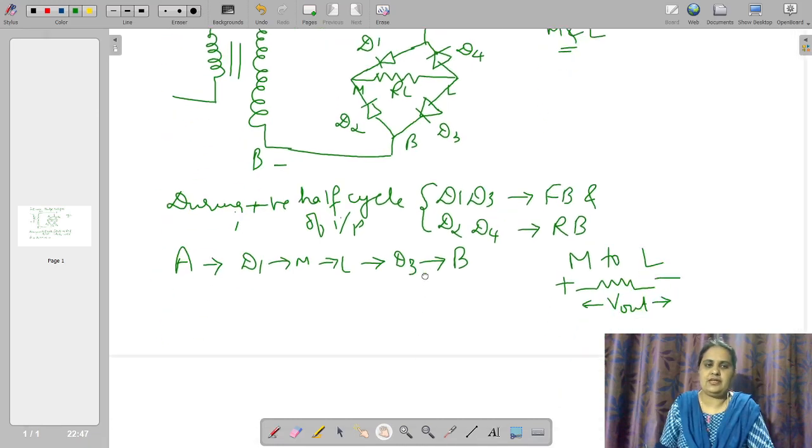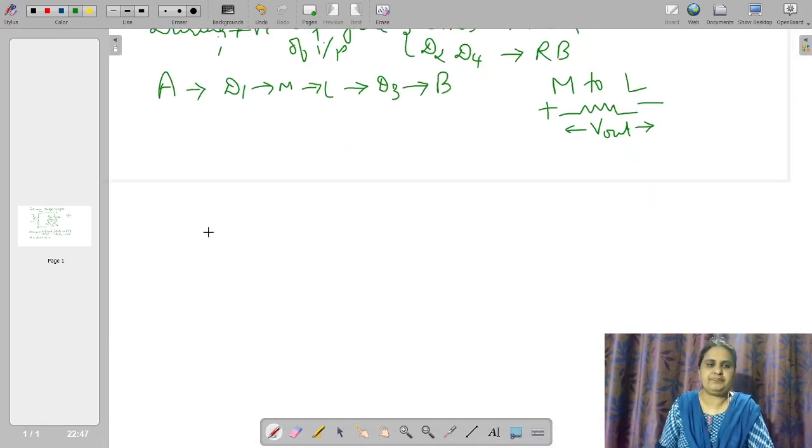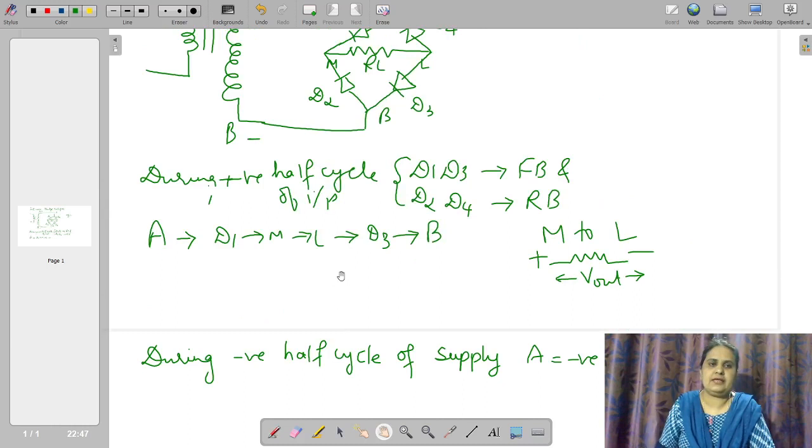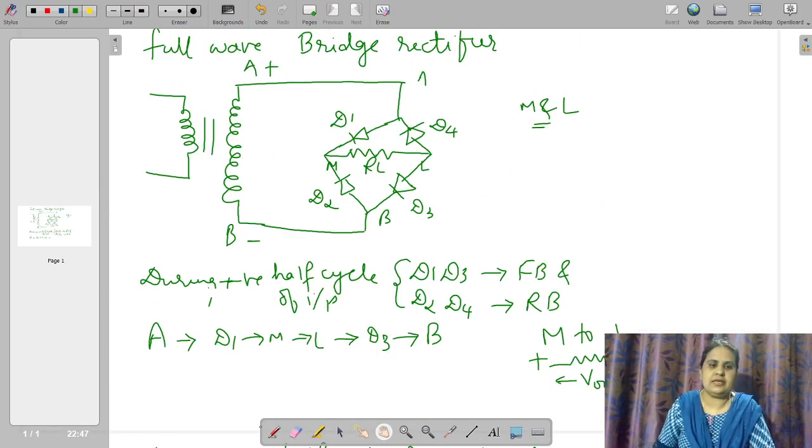In the negative half cycle of the supply, A is negative and B is positive.